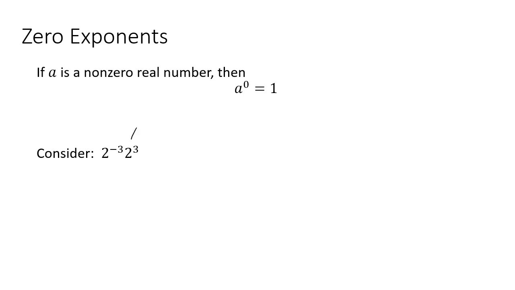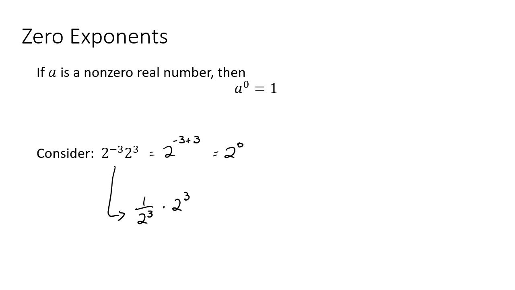So for a second, consider the situation where we've got 2 to the negative third times 2 to the positive third. By the properties of exponents that we saw on the previous slide, we're multiplying 2 exponential expressions together with like bases, so that simplifies by adding their exponents together. In other words, this is a really complicated way to write 2 to the 0th power, because that's what I'm interested in getting at here. But let's simplify this instead by just writing 2 to the negative third as 1 over 2 to the third.